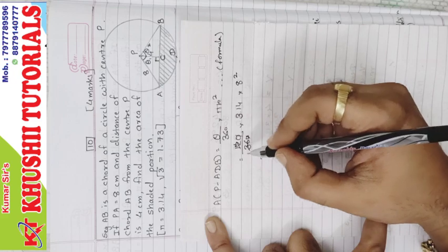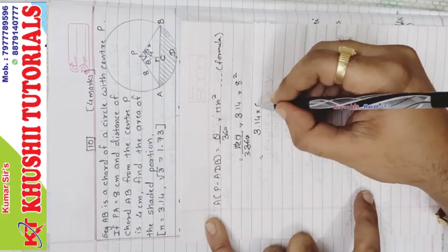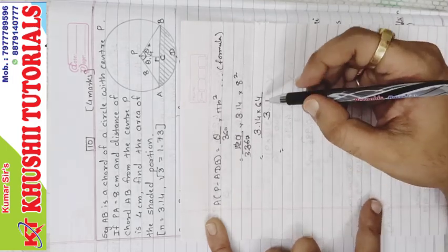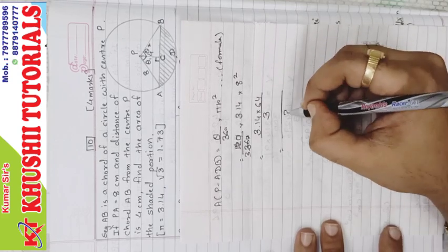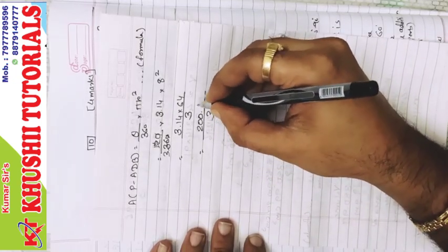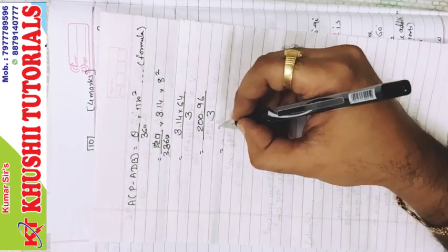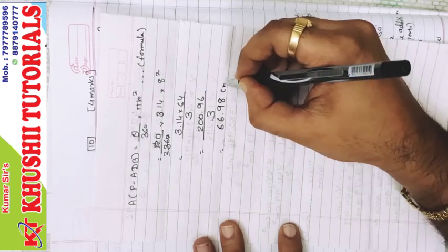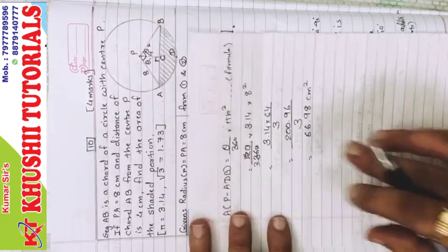So 3.14 into 64 by 3. Now we'll multiply these two. It is 200.96, and when we divide it by 3 we will get 66.98 centimeter square. That is the area of sector.